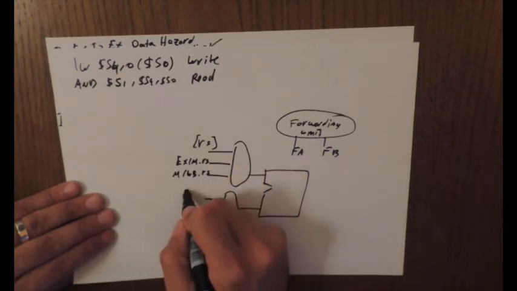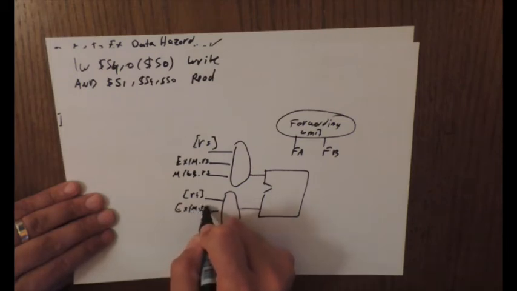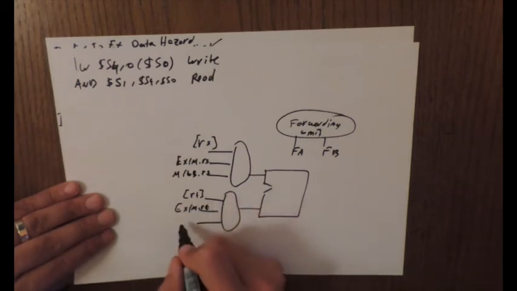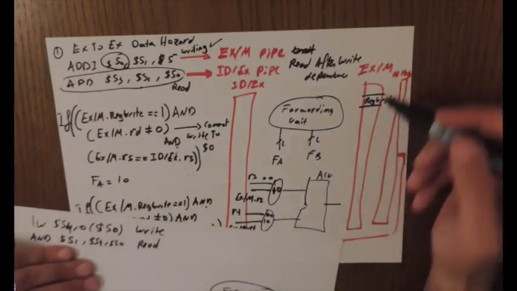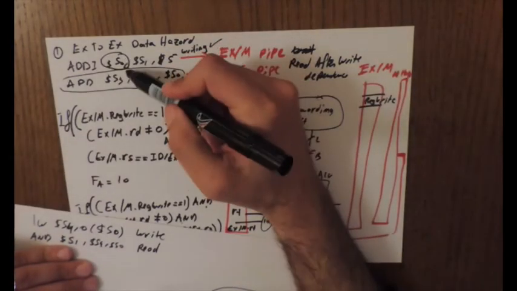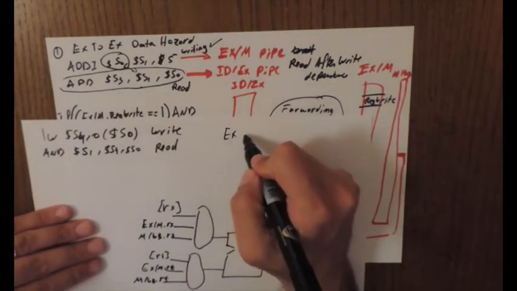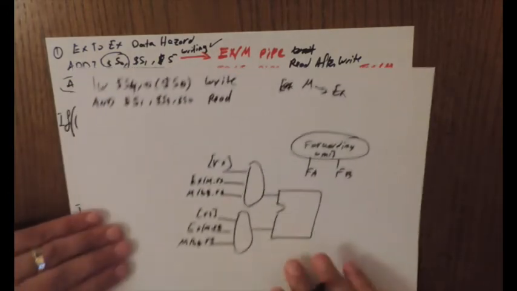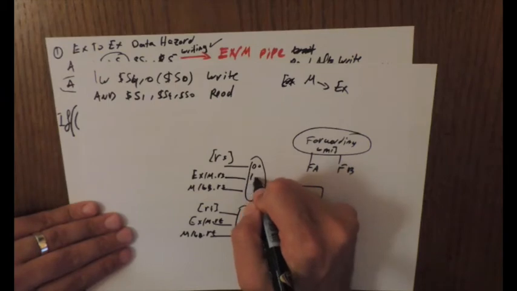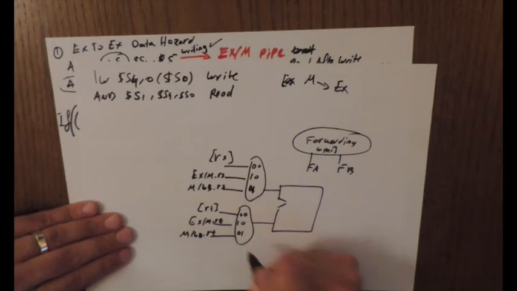And the same thing here, we have RT, we have execute over memory dot RT, and we have memory over write back dot RT. So I have 3 sources, one coming from a direct execute to execute, and in this case I have a memory to execute forwarding, which will be, this is 0, 0, this is 1, 0, this is 0, 1.